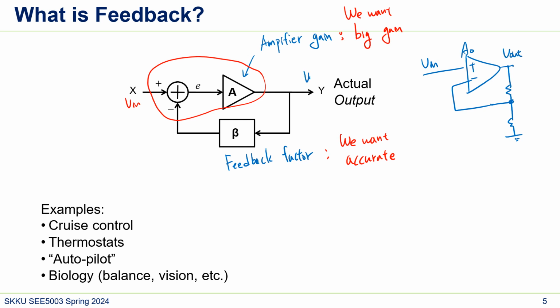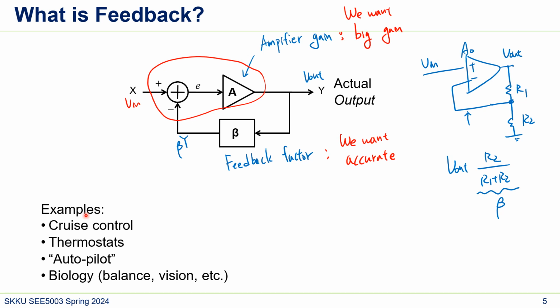And then what is beta? That one was R2 over R1 plus R2, so we want to see this part, right? Because here is beta Y, and when we see this point voltage, that's V out times R2 over R1 plus R2. So this is beta, right?